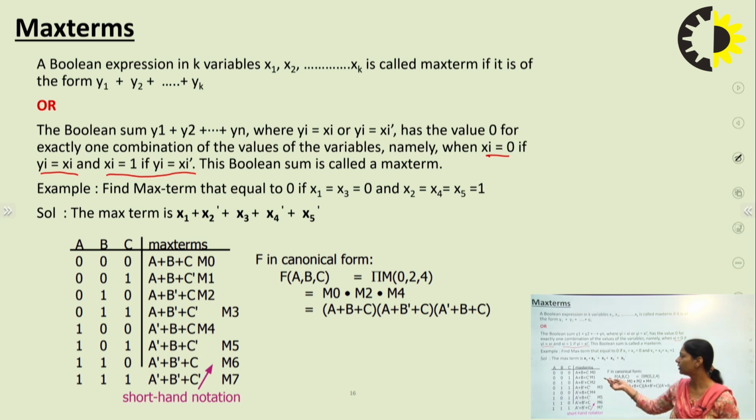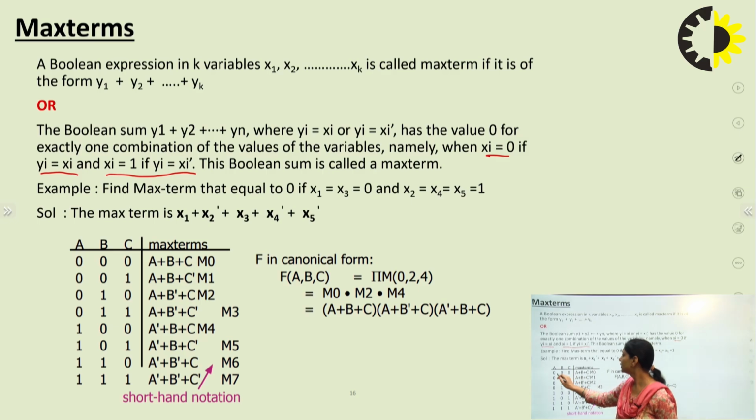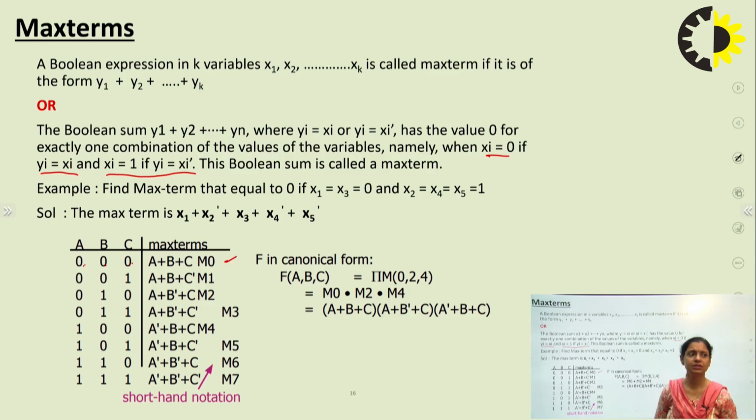That is, if we talk about the max terms over here, max terms is an addition. So we'll have A, B, C like this as literals, because 0 is considered for the normal and 1 is considered for the complement. So this becomes A plus B plus C, which is written as M0.